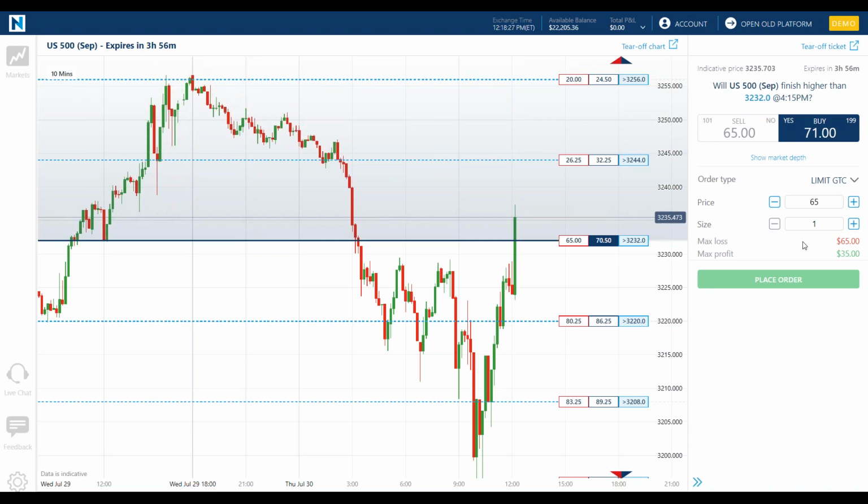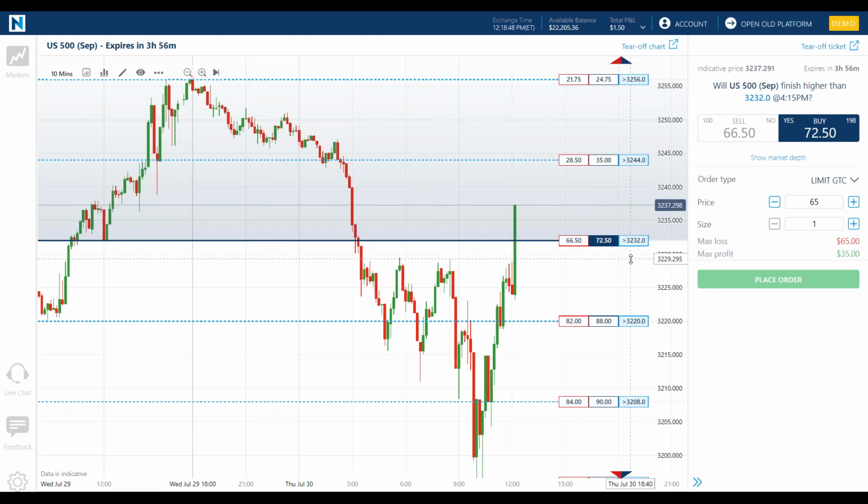Now, what did I do? Since this contract is either worth 0 or 100, it's one or the other, I risked $65. Because if it settles below 32.32, this contract will go to 0.